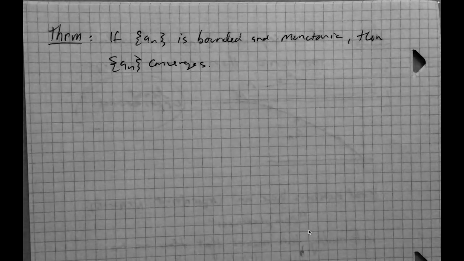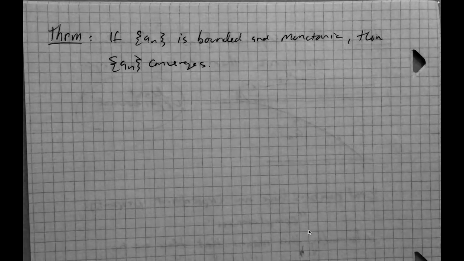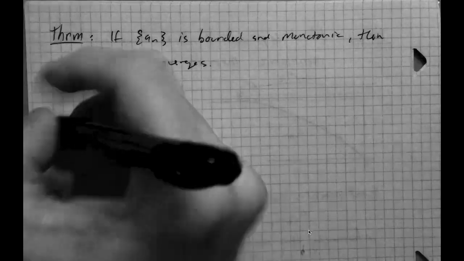Okay, and so this is kind of what we discussed already, right? We sort of brought this up. If a sequence is bounded and monotonic, then it converges. So let's prove it now.